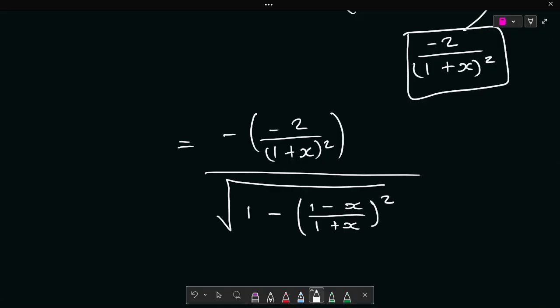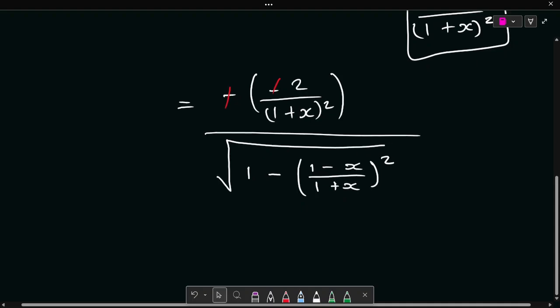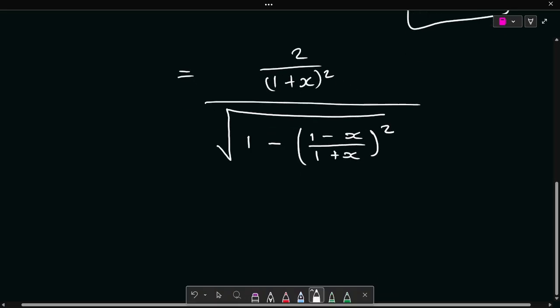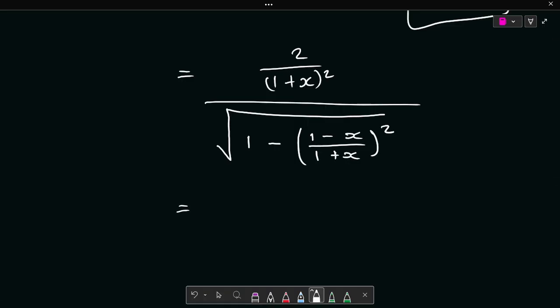You quickly notice that this one and this one will cancel. So basically what we're just going to have will be this. I noticed that most of you were leaving your answers somewhere here, which is not the right thing to do. You shouldn't leave your answer here, no. You need to simplify further.